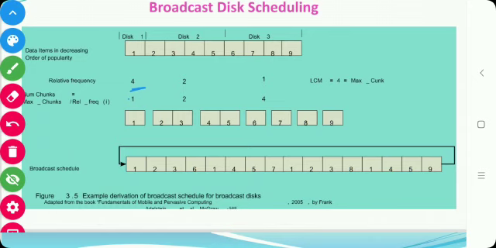So num chunk is max chunk upon relative frequency. For the first disk, max chunk is 4, 4 by 4 is 1. For the second, max chunk is 4 and the relative frequency is 2, so 4 by 2 is 2. For the third, the max chunk is 4 and the relative frequency is 1, so 4 by 1 is 4.